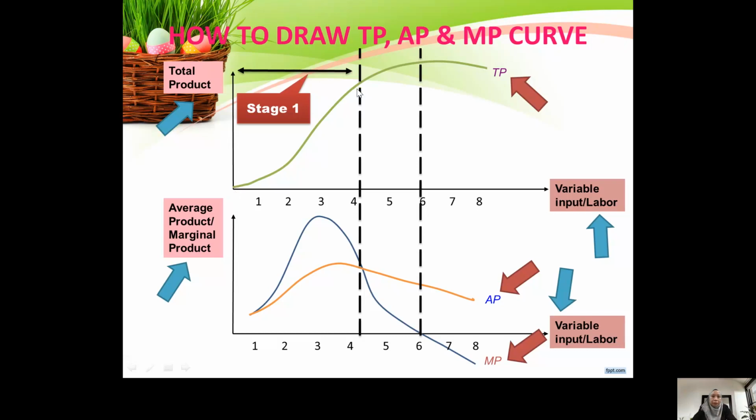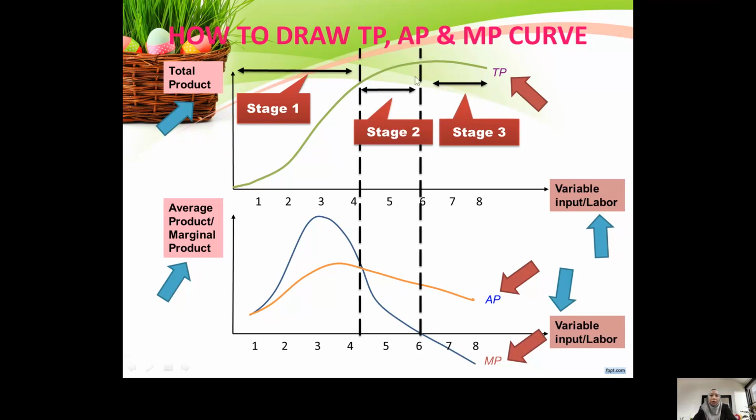And then stage 2 is here. Stage 2 starts in between of the total product, before it reaches the maximum level, until it reaches the maximum level. And then the last stage is here, starting from level 6, 7 to 8. So this is stage 3.